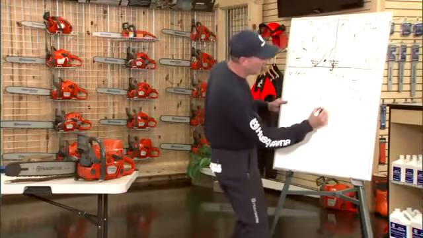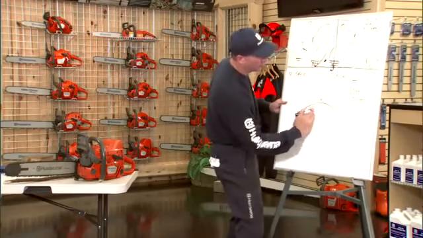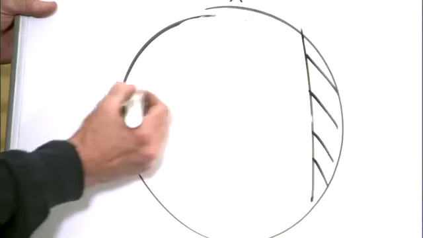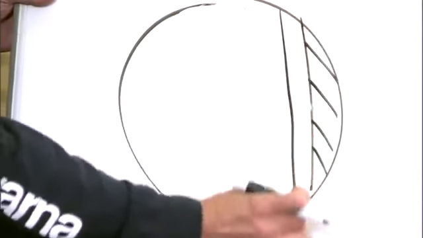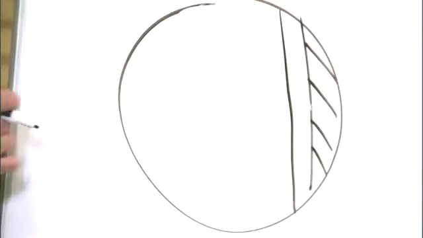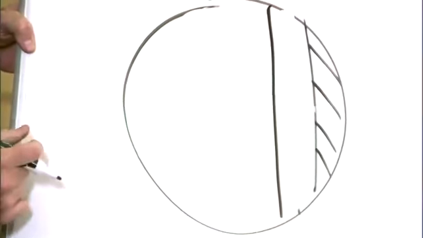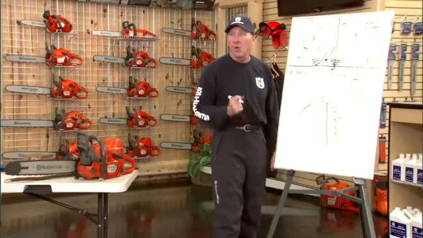So we would want the hinge plan of our tree, here again looking through the top of it, we would want it to be 80% across the face, and we would want the hinge to be 10% of that diameter, uniform all the way across. So you've got to know, on a 20-inch tree, that hinge would be 2 inches wide. On a 30-inch tree, 3 inches. On a 10-inch tree, 1 inch.